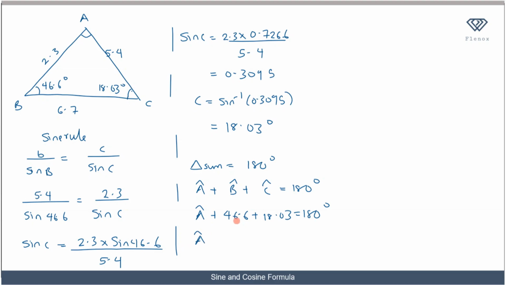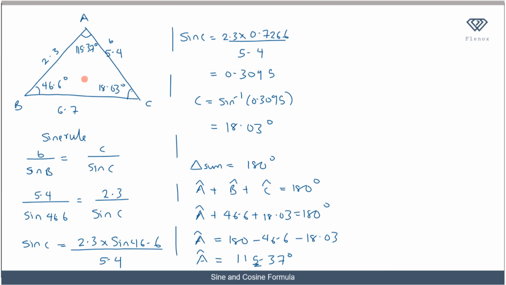So my angle A becomes 180 minus 46.6 minus 18.03. When I punch this into my calculator, I get angle A to be 115.37 degrees. So now I found that the length B is 5.4 centimeters, angle C is 18.03 degrees and angle A is 115.37 degrees.